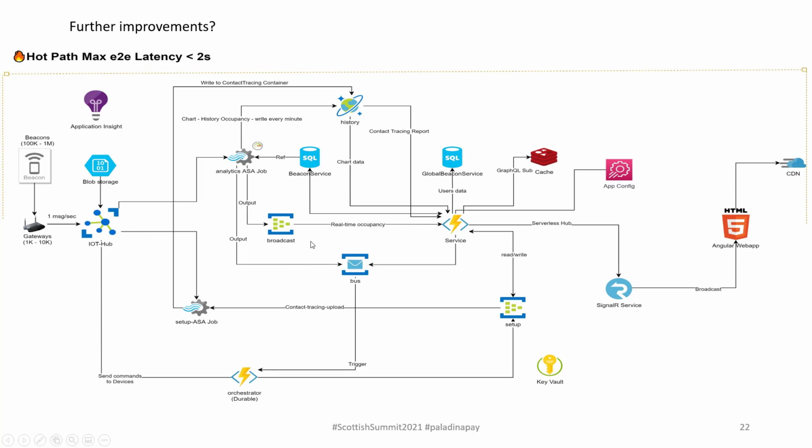And later down the track, if we want to replace and fine-tune each individual module, we can certainly do that because they are all pluggable. For instance, if we find out that Stream Analytics does not do its job and we want to replace it, we can try Databricks, and that's easy. We just need to replace this individual part.